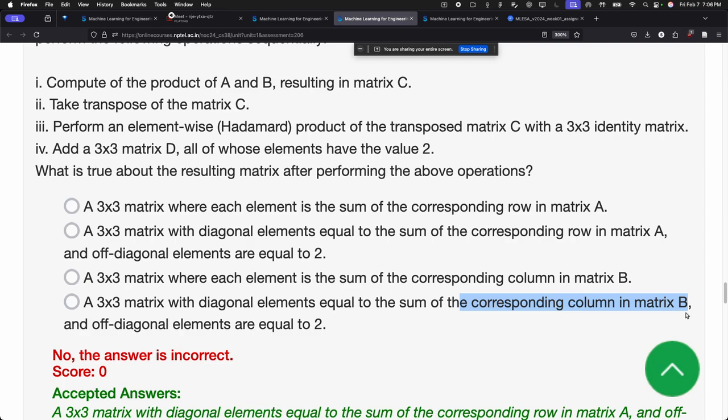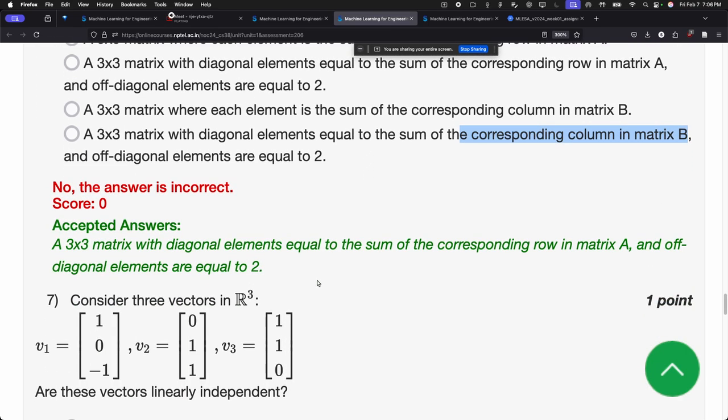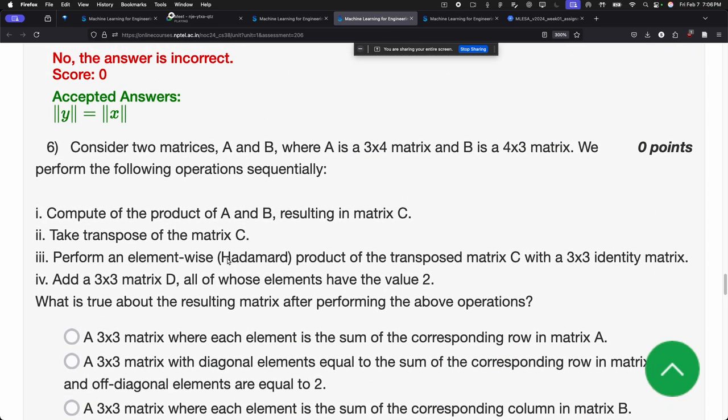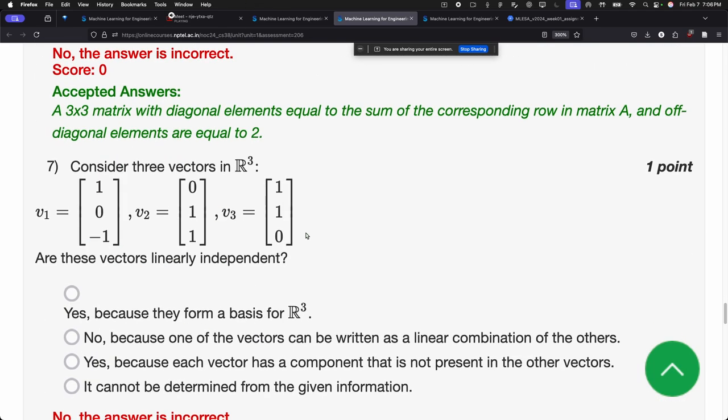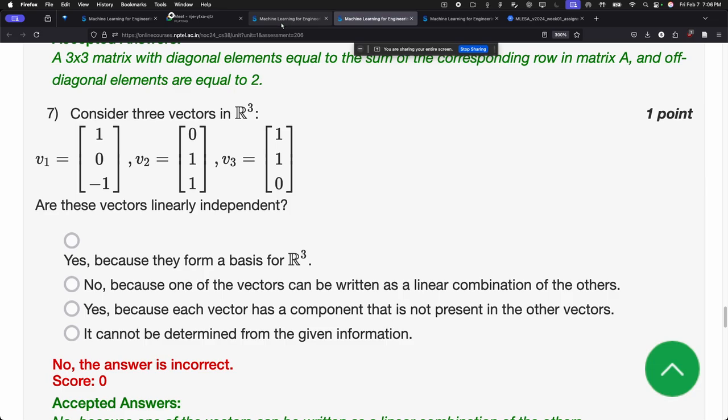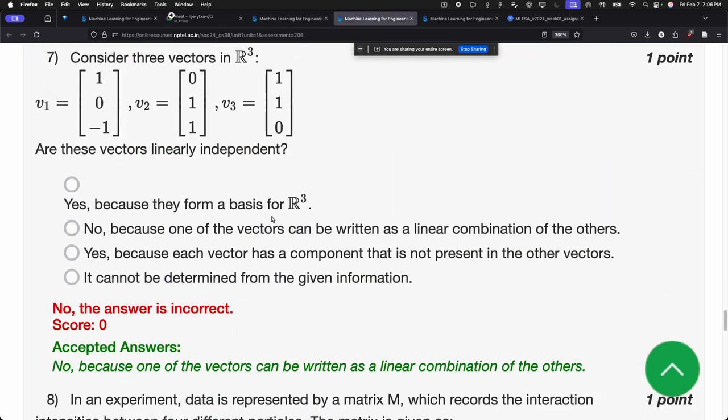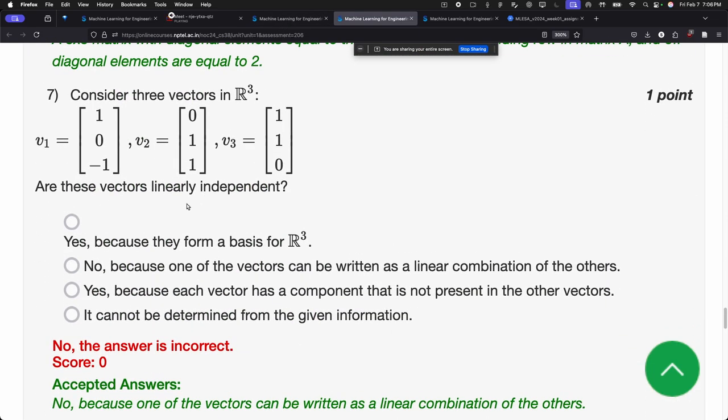Corresponding column in matrix B. Anyways, you got the explanation right. Just leave the options, okay? We don't have time to discuss all these vagueness. This question is very simple.